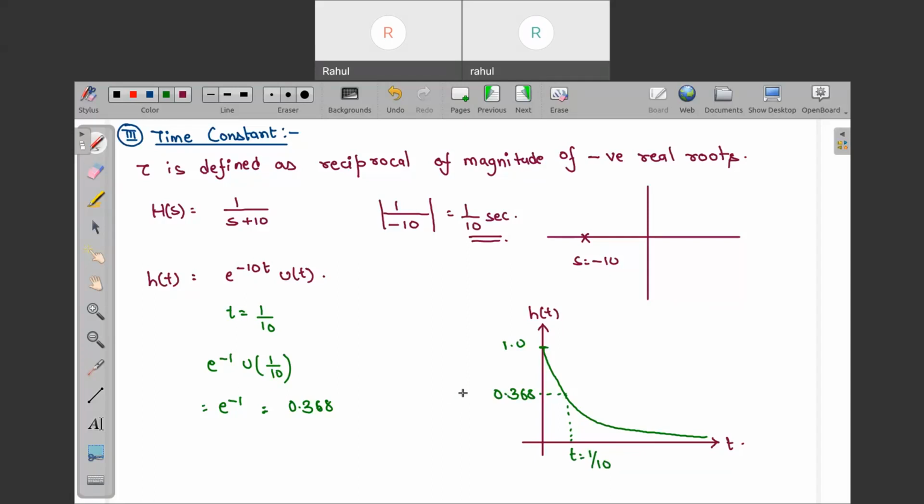Time constant is basically that value of time in an exponential signal when it decays by 36.8% of the initial value. That is known as your time constant. So you can see the time constant comes out to be 0.1 second, or 1 by 10 seconds, over here.